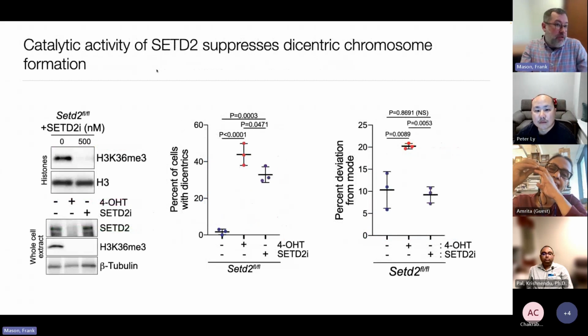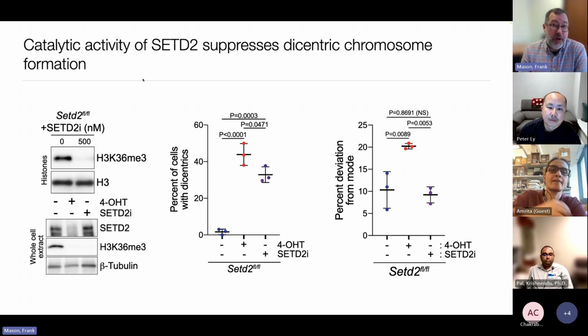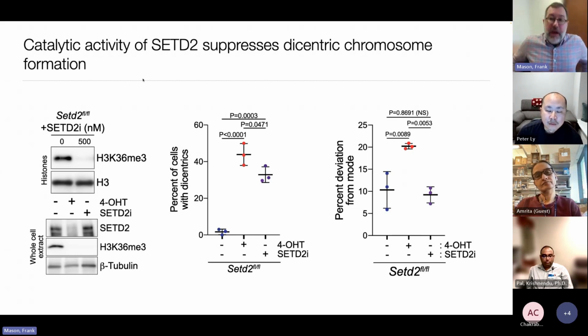So one of the questions we've been trying to tackle more recently is to understand how SETD2 loss, or what function of SETD2, is required to suppress the formation of these isochromosomes and isodicentric chromosomes.